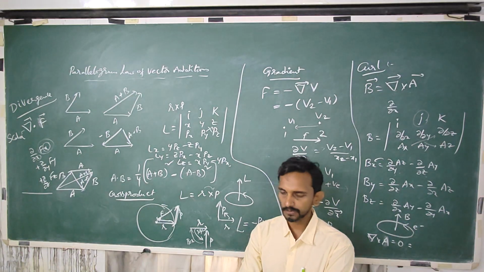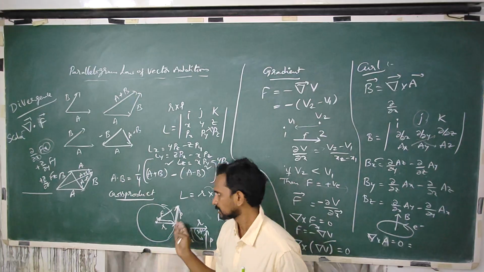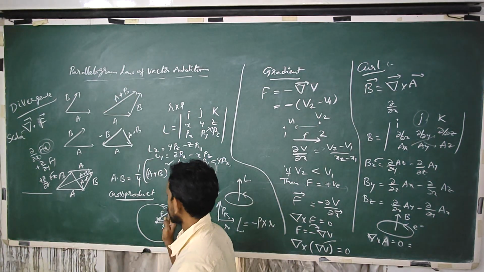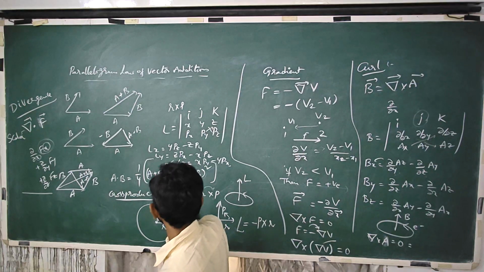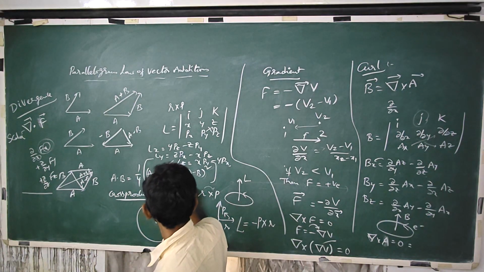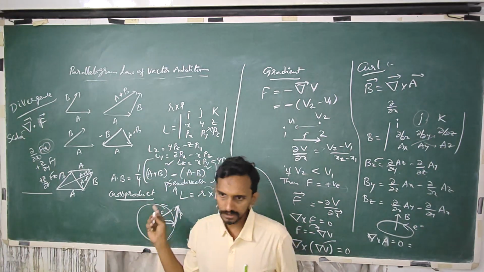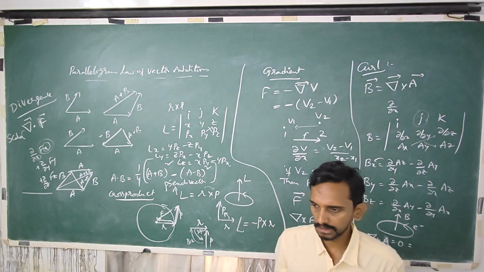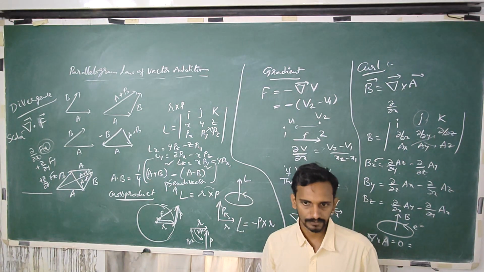So majority of the people will follow right hand thumb rule. So this vector, which is a result of a cross product, is called pseudo vector. Because the direction is not fixed, and the direction of the vector does not incorporate any activity.